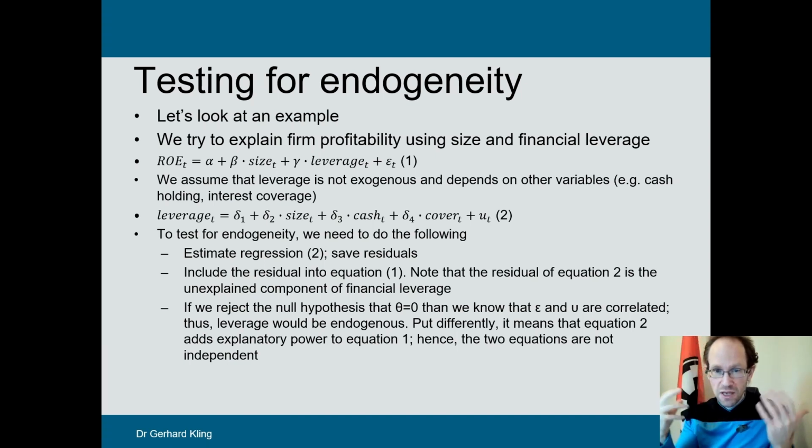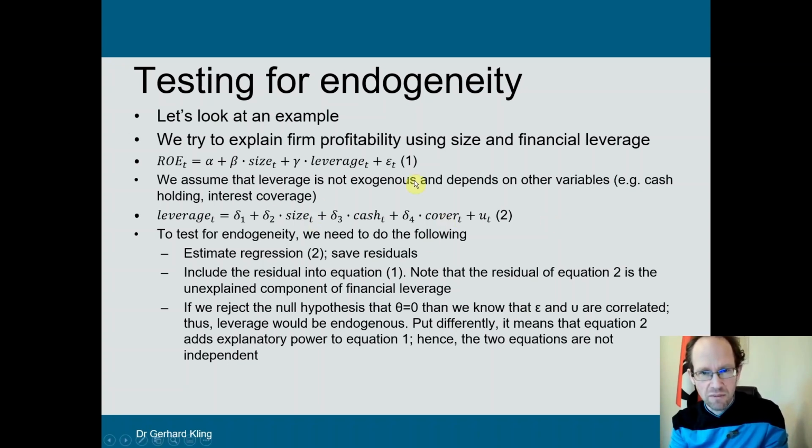If you think about the logic for a second, let's assume that leverage is really pretty much independent. Put differently, the right hand side doesn't really explain anything. In this case, leverage and the residual would be identical.